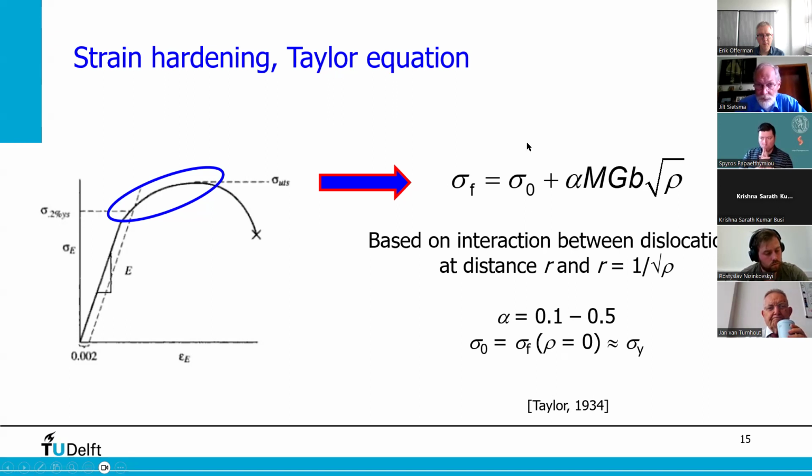But you need to know what sigma zero is. You need to know what the alpha factor is, the parameter here. M is the Taylor factor, translating shear to tensile stresses and strains. G is the shear modulus, and b is the length of the Burgers vector. So that's a certain relation in which the role of dislocations in strain hardening is expressed.